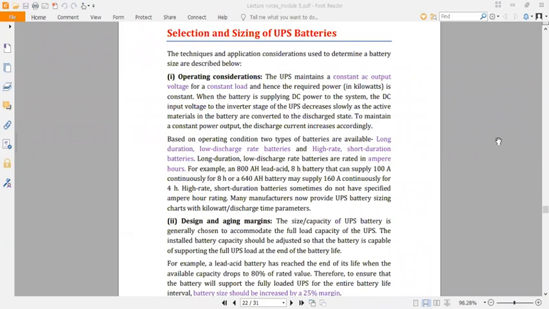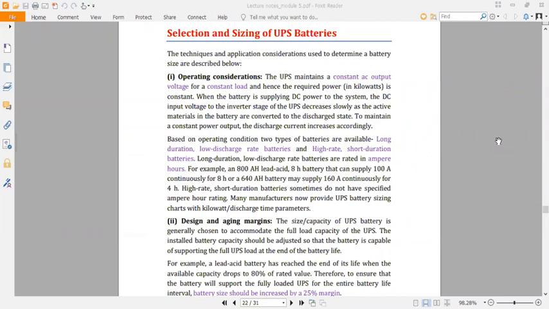It means that there are two different types of battery available. The first one is the long duration, low discharge rate battery, and the second one is the high rate, short duration battery. What is the meaning of long duration, low discharge rate?